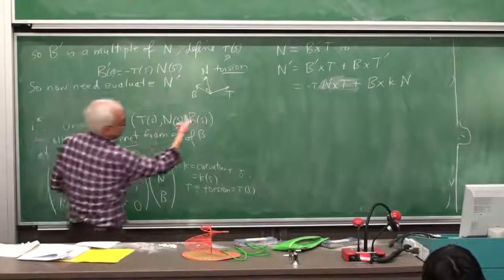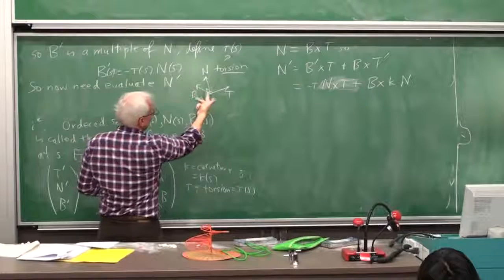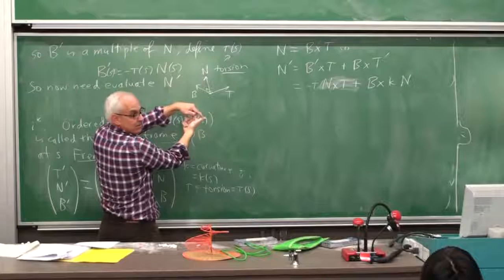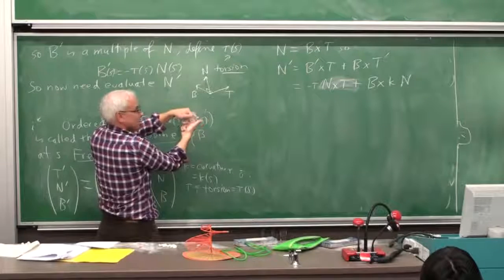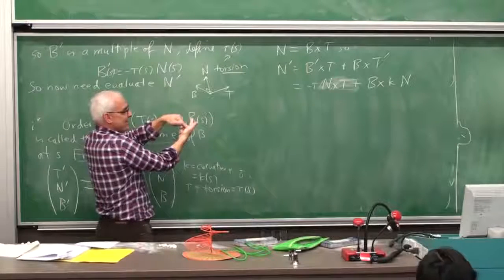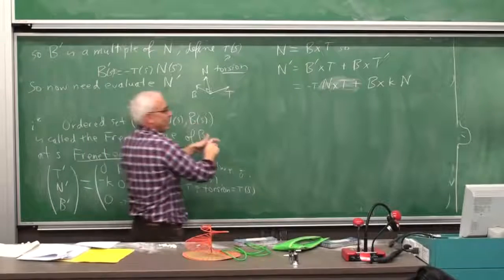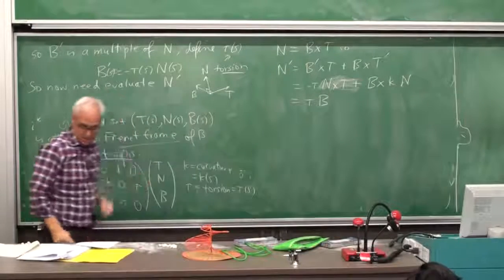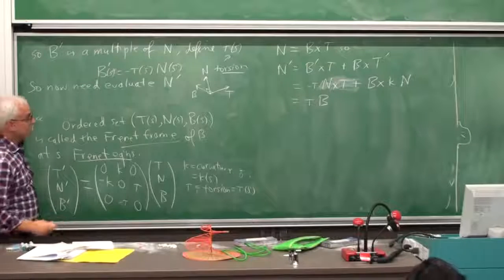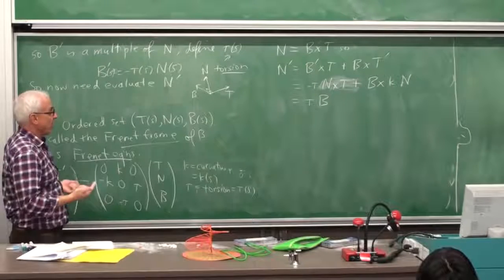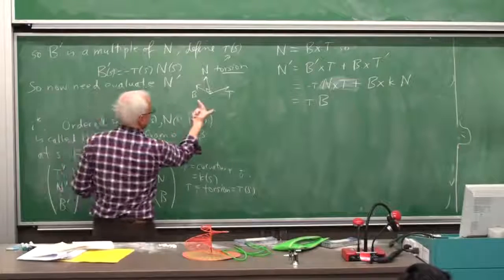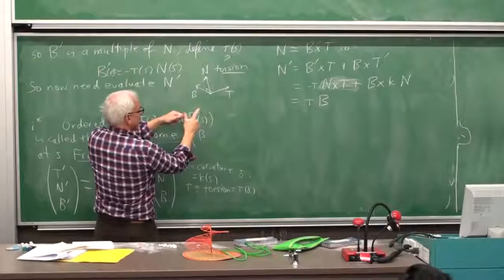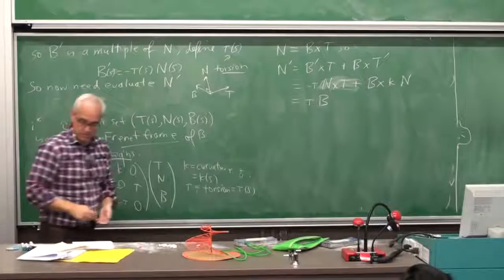Okay, now we still have to do these cross products. So again, the right-hand rule, T, N, and B. Now we're doing N times T. Well, T times N is B, so N times T will be minus B. So this is going to be tau times B because the minus sign from this one will cancel with the minus sign from that one. And B times N, T, N, and B. So B times N will be minus T, I think.